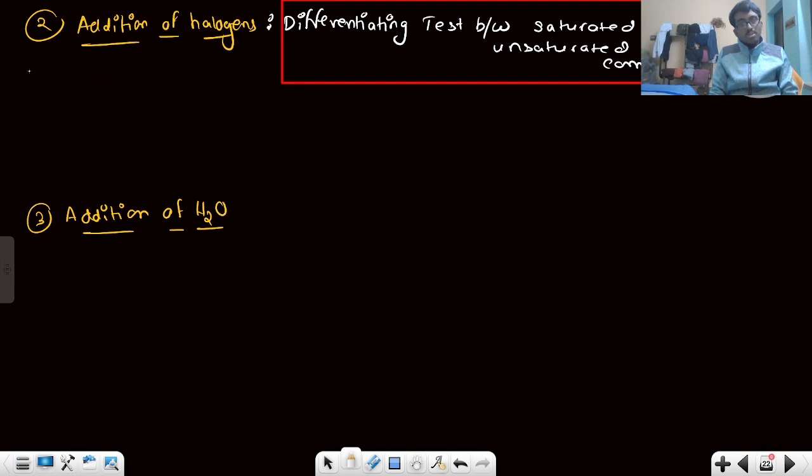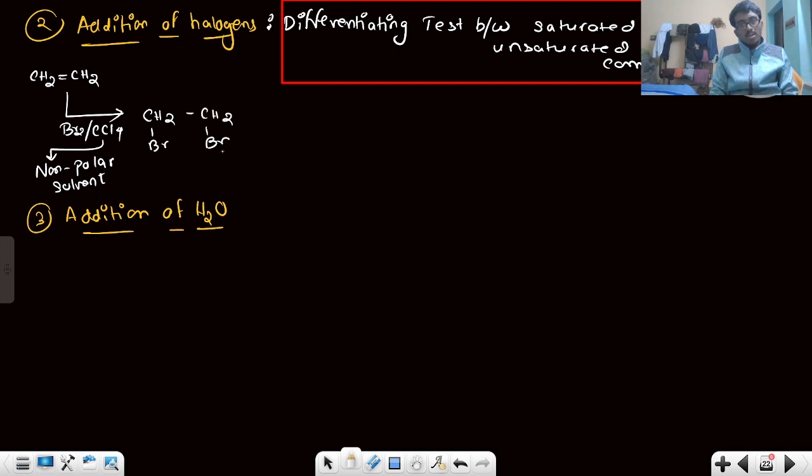Suppose the compound is CH2 double bonded with CH2, and I am treating it with Br2 in presence of CCl4. Please note that this is a non-polar solvent. What will be formed is CH2Br and CH2Br, one Br this side and one Br that side.